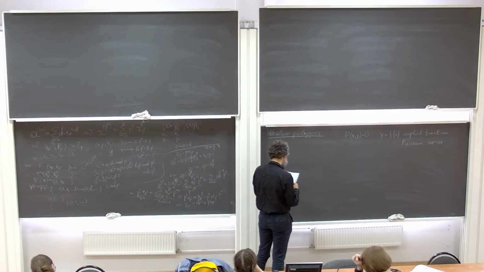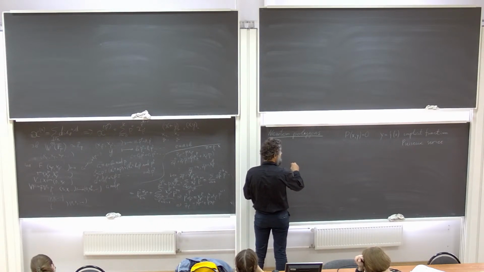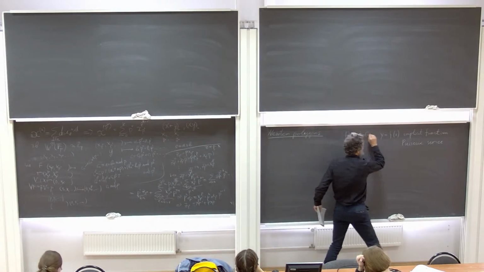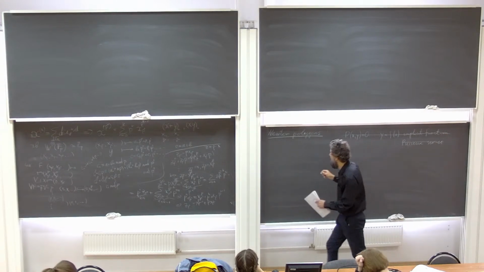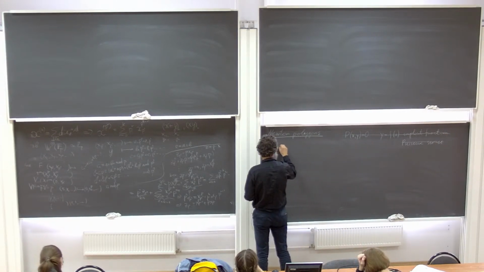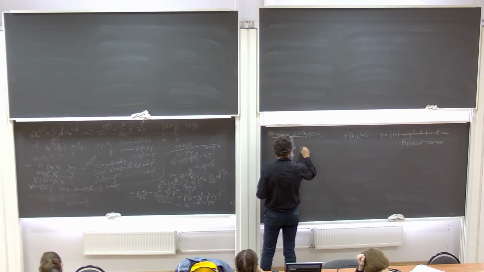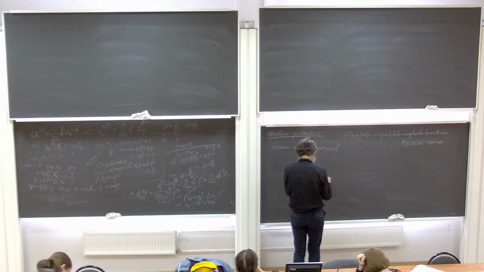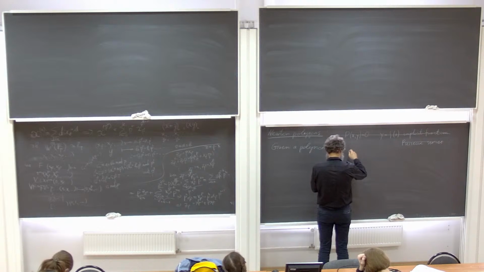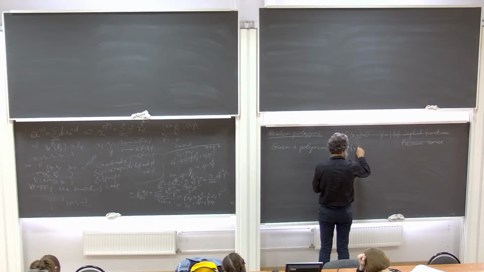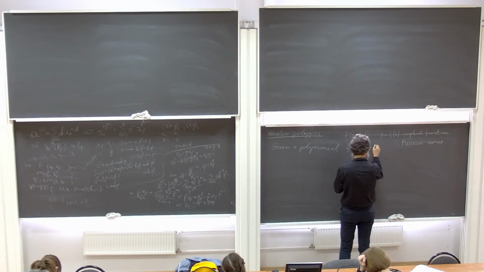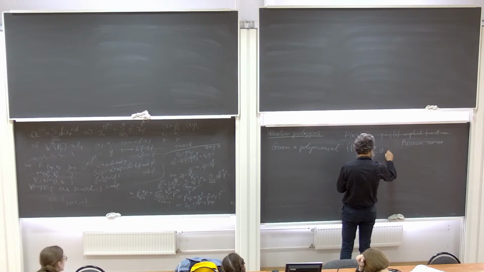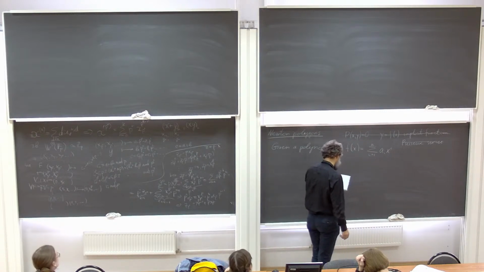Okay, so given a polynomial, now maybe we'll forget about this, in just one variable, f of x is a sum of powers like this.